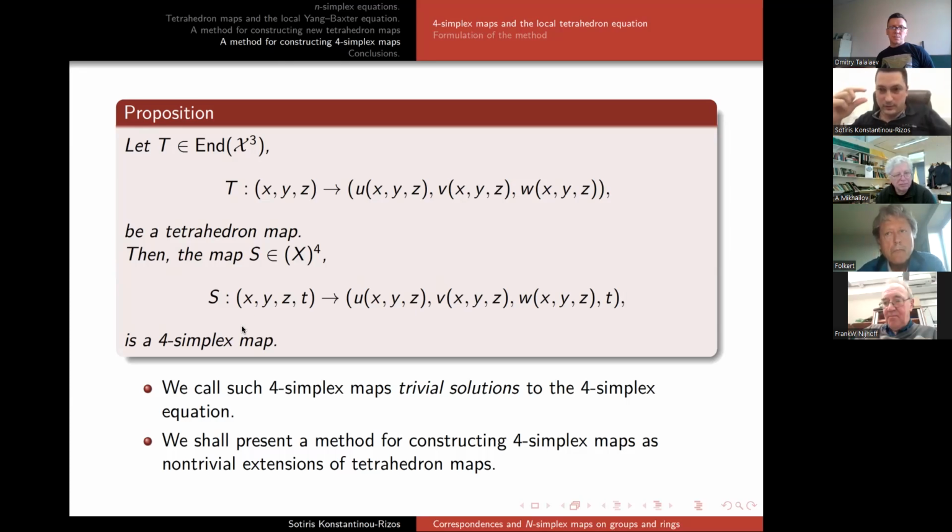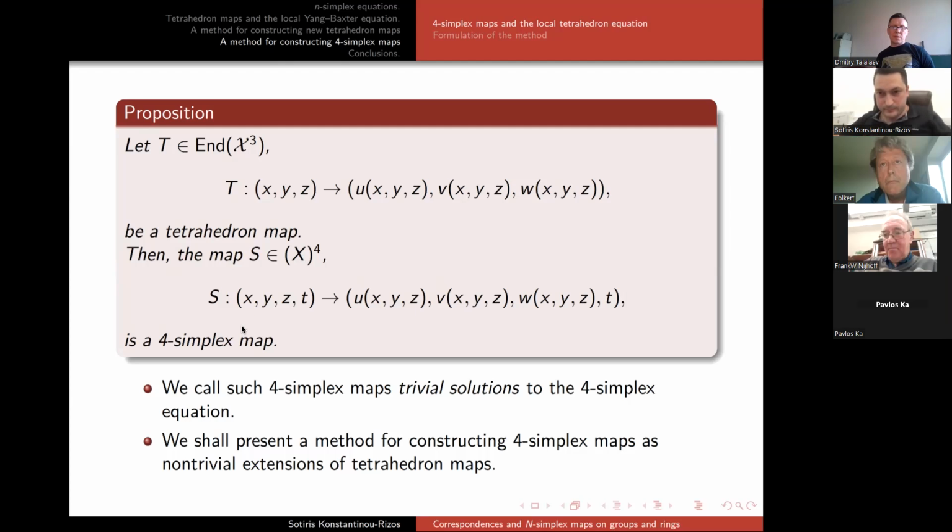He uses the same one-simplex equation that generates Yang-Baxter maps. He uses exactly the same generator to derive tetragon maps. So not only is it true, but some of the generators of Yang-Baxter maps also work for tetragon maps, but maybe Pavlos can comment more on that.